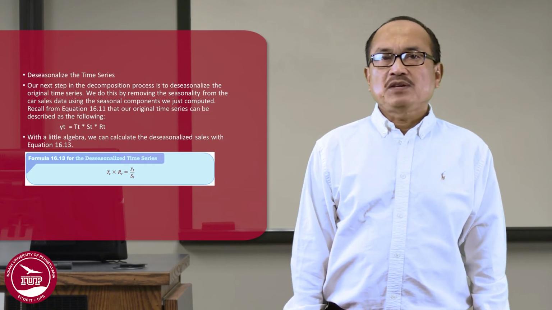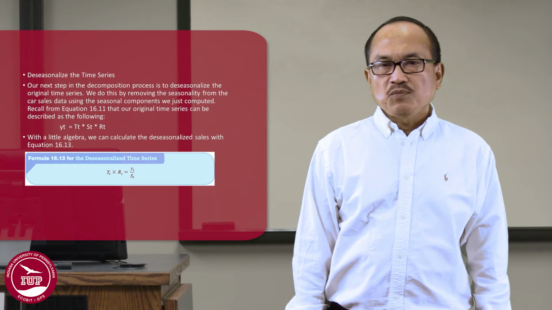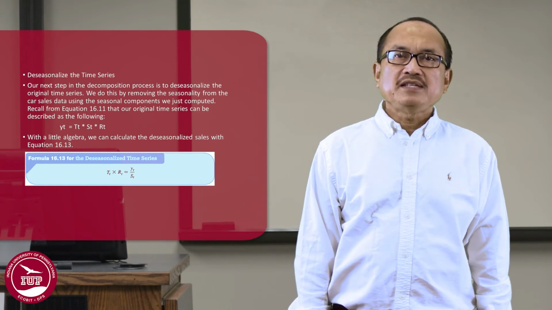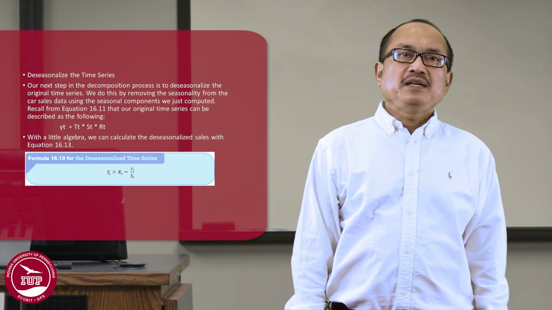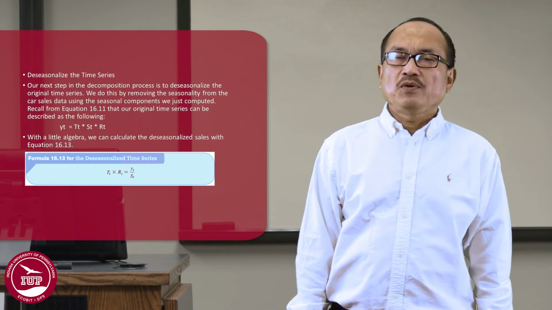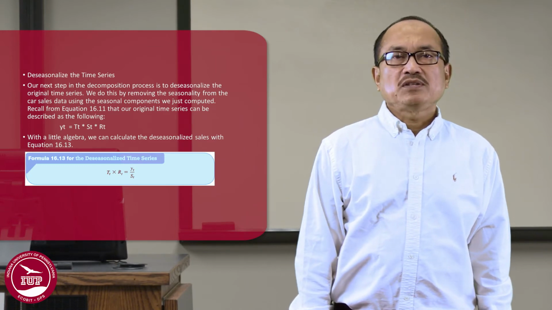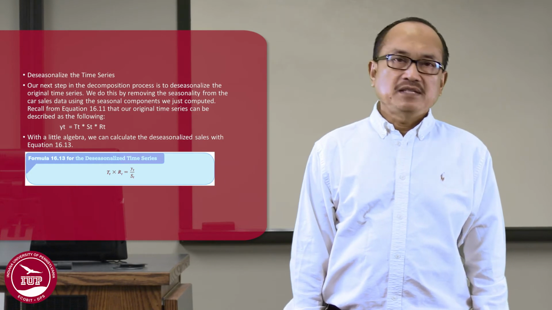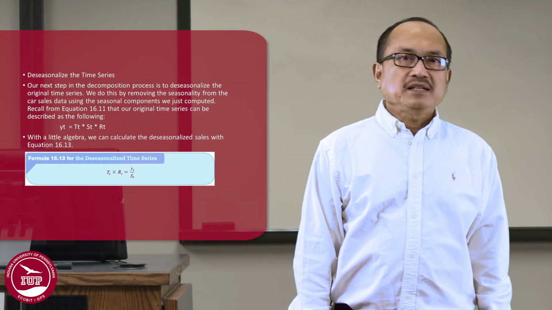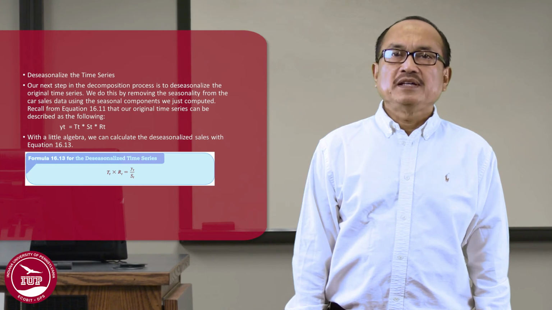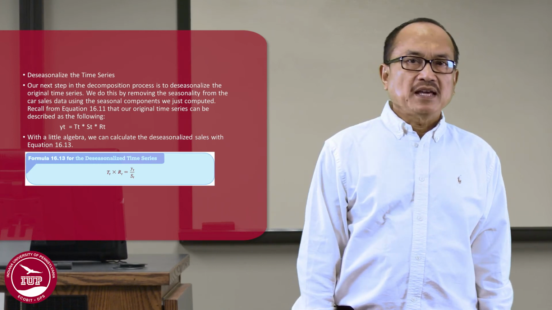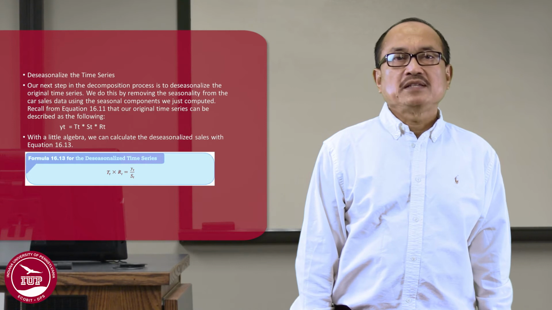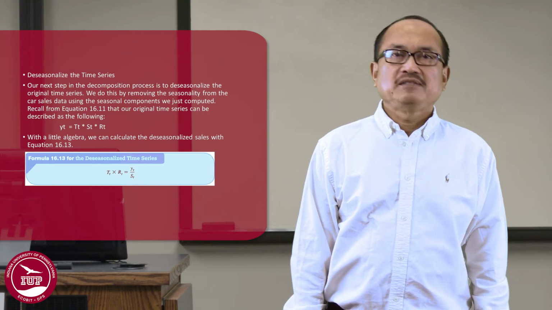Recall from equation 16.11 that our original time series can be described as Y_t equals T_t times S_t times R_t. With a little algebra, we can calculate the deseasonalized sales with equation 16.13.